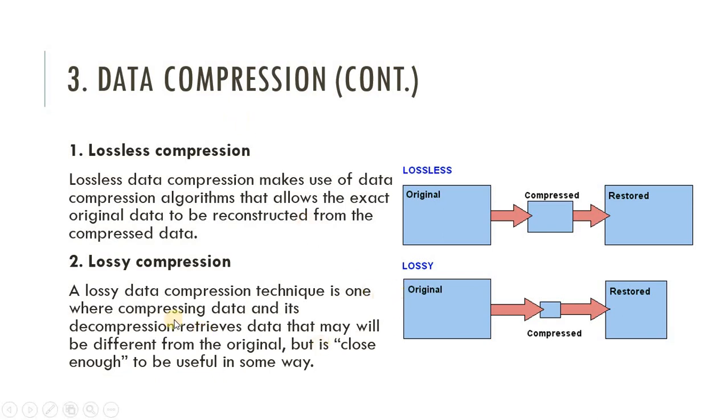While in lossy compression, the compression and decompression retrieve data that may be different from the original, but is close enough to be useful in some way. So in lossy compression, after decompression, some data bits may be dropped. The generated data is not exactly the original, but it is similar to the original database. So this is all about data compression.